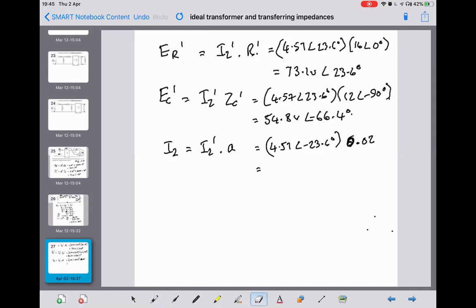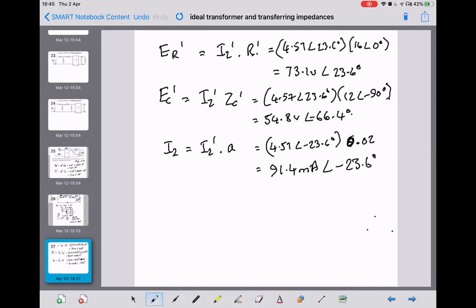So I've got 91.4 milliamps, angle minus 23.6. No, that isn't minus 23.6, is it?